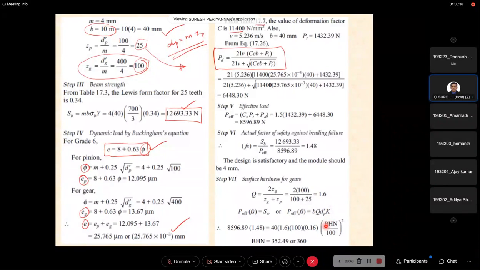K is in terms of Brinell hardness number, 0.16 into (BHN divided by 100) whole squared. We know the effective load already, 8,597 Newton. Fs we know, the actual factor of safety. Substitute here, and finally we find the Brinell hardness number. BHN is 360.